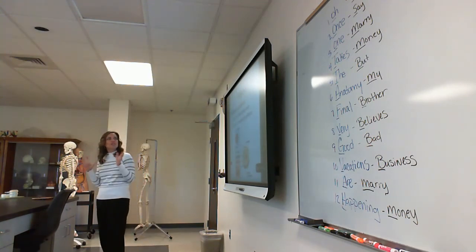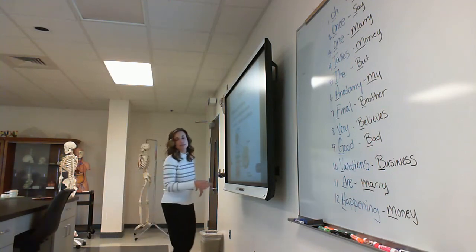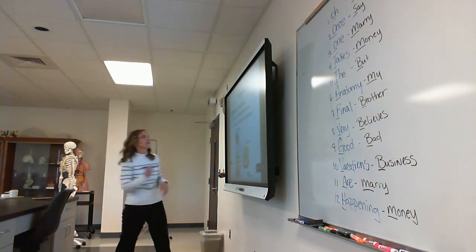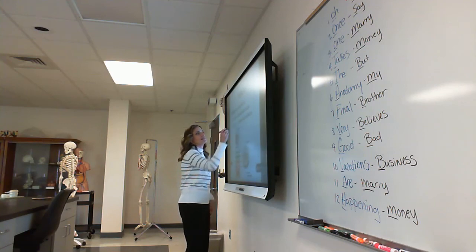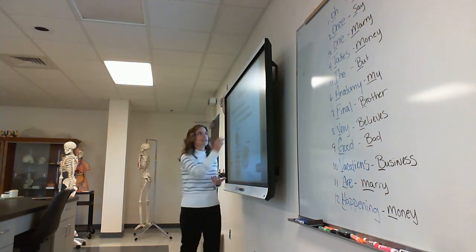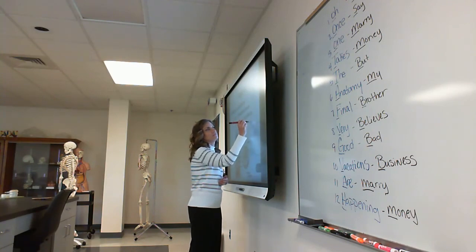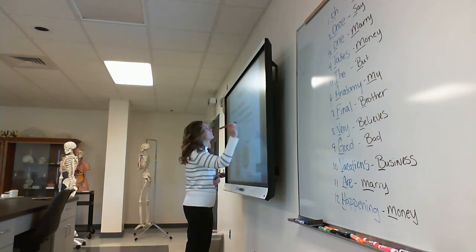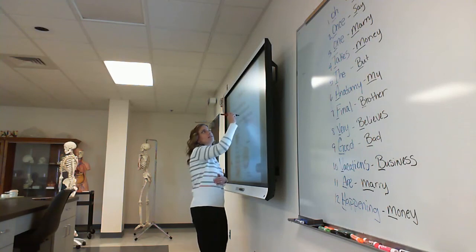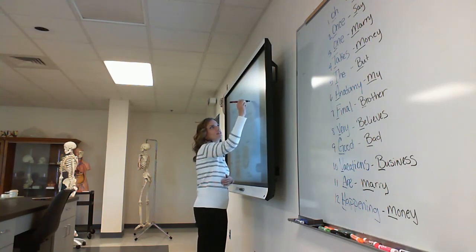And so all of the reflexes that we have in the body, they're either somatic or autonomic. Now you've heard these terms before. Remember, autonomic means automatic, involuntary. Somatic is voluntary. Where have you heard these before?